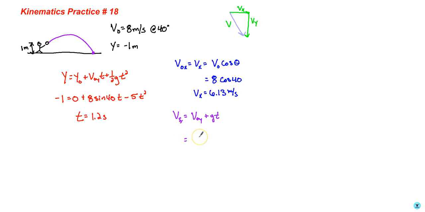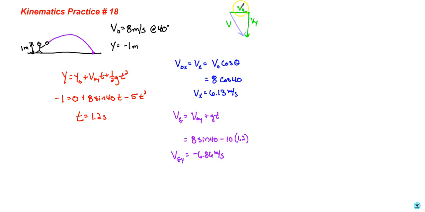We know v sub oy is going to be 8 sine of 40, because that's where we started, and then minus 10 times 1.2 seconds. So when it hits the ground in the y direction, it's going to be traveling at a speed of -6.86 meters per second.